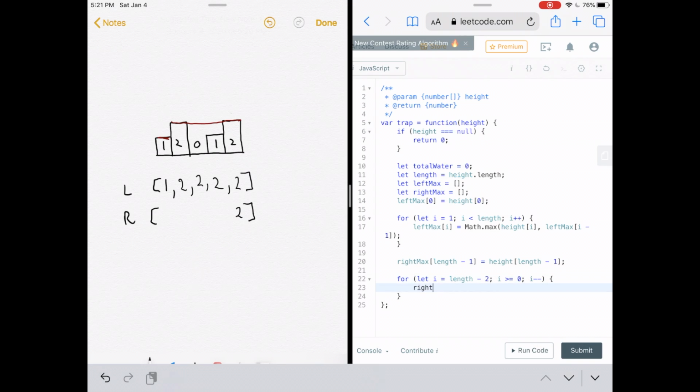And inside that would be rightMax[i] equals the maximum of the same index of height[i] and rightMax[i + 1]. So the index to the right of us in the right max array.